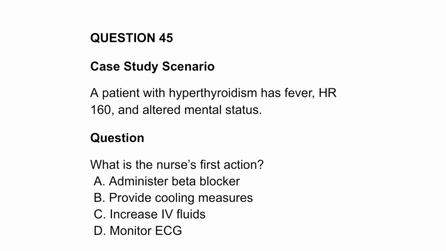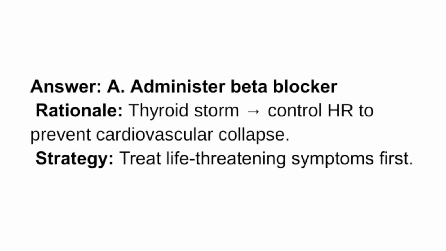C. Increase IV fluids. D. Monitor ECG. Answer: A. Administer beta blocker. Rationale: thyroid storm, control HR to prevent cardiovascular collapse. Strategy: treat life-threatening symptoms first.